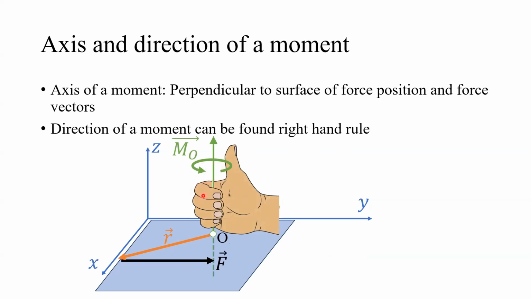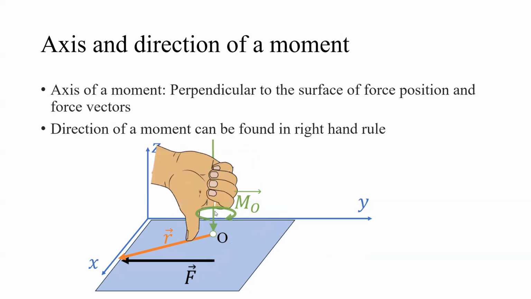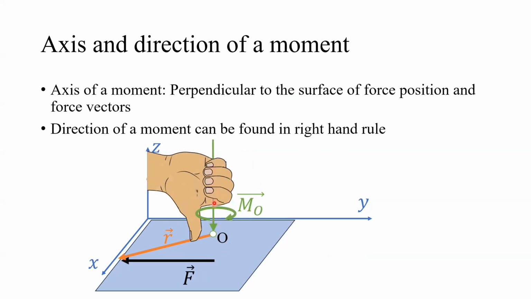For the right-hand rule, we locate our right hand on the surface, and the four fingers show the rotation of the moment, and our thumb shows the direction of the moment. If we change the rotation, you can see the direction of the moment will also change.